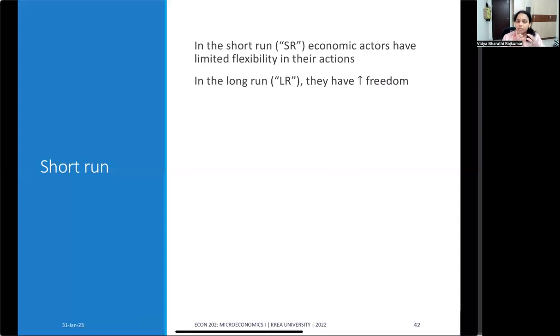Capital is often assumed to be fixed in the short run, meaning there is not much scope to change the amount of capital that goes into production. And labor can be variable because you can hire laborers with a lot more ease than by hiring, say, an extra unit of a plant or a factory. So the way we do that is to characterize cost functions in the short run and in the long run.